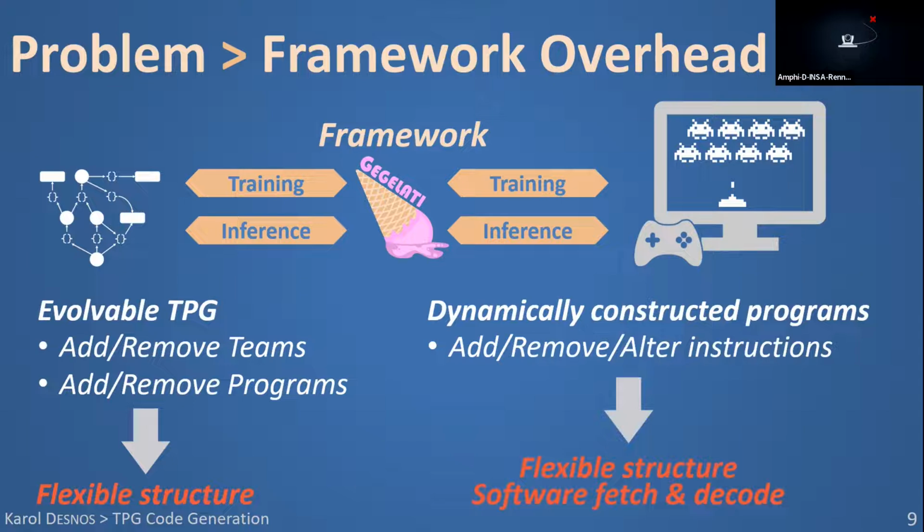But you also need to implement a runtime software fetch and decode mechanism, similar to what you could do in hardware for an assembly language. Here you have to do this in software to decode the instruction, fetch their operands, and bring them to the TPG in order to execute the program. So all of this has an overhead on the performance of the TPG execution, and this is what we are trying to get rid of.